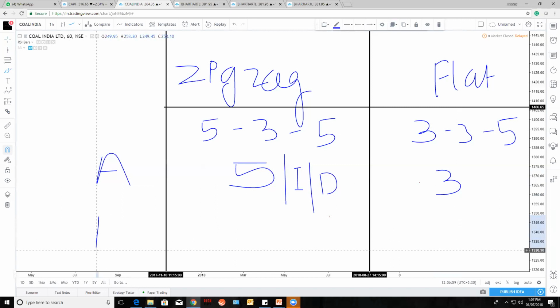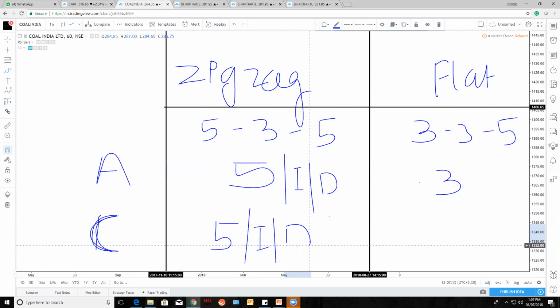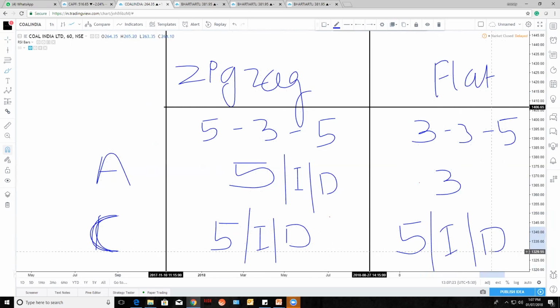Again for C, here the same five-wave structure. It might be an impulse or a diagonal again, but C remains the same, an impulse or a diagonal.